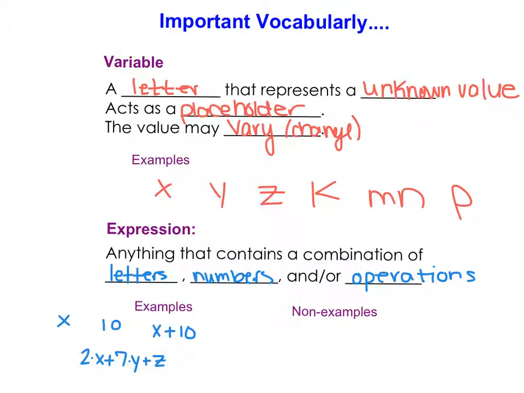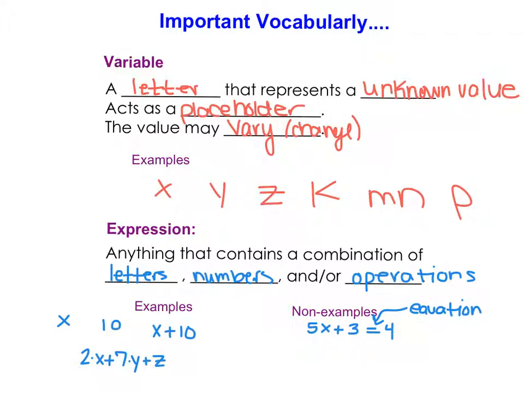Now, a non-example would be something that contains more than letters, numbers, and operations. So something like 5x plus 3 is an expression, but say it was set equal to 4. That equal sign results in this not being an expression, but being an equation instead.